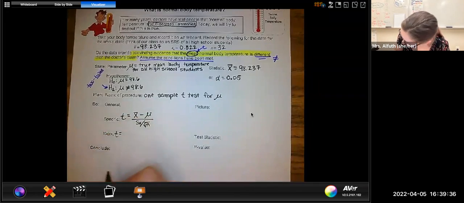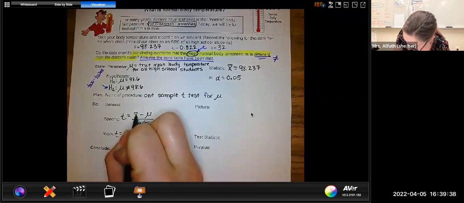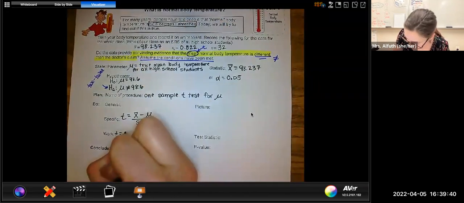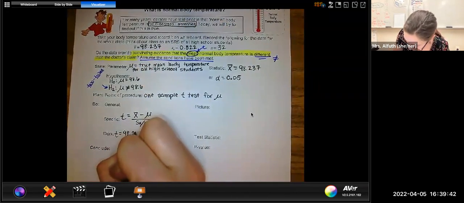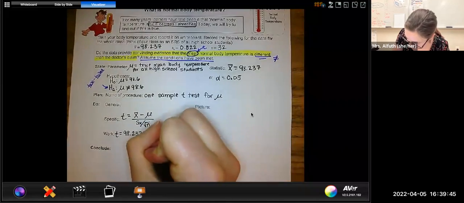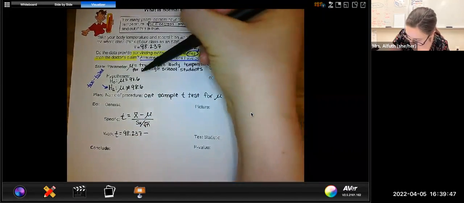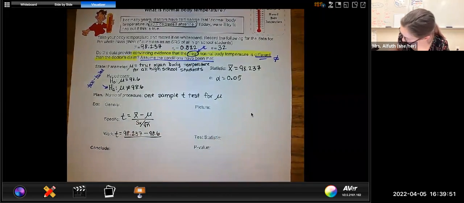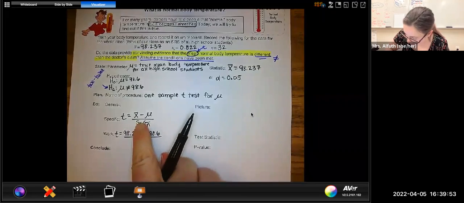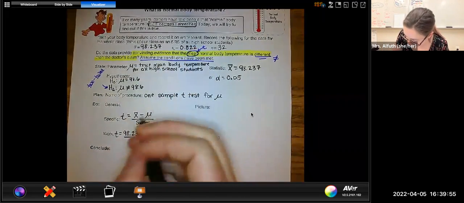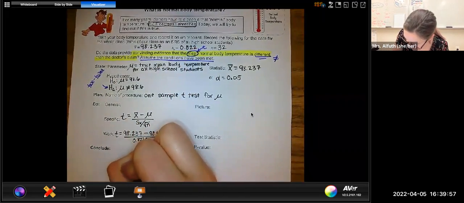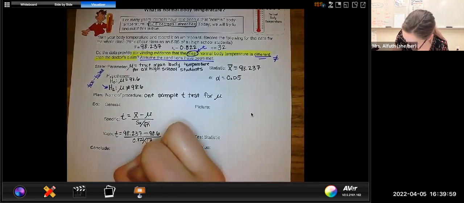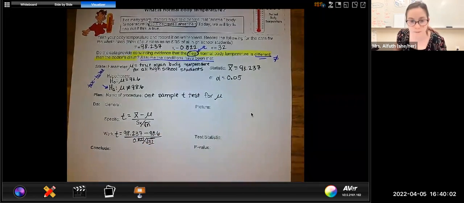So I work T equals the sample mean I'm working with, 98.237, minus my assumed population mean of 98.6, divided by my sample standard deviation, 0.822, divided by the square root of 32.